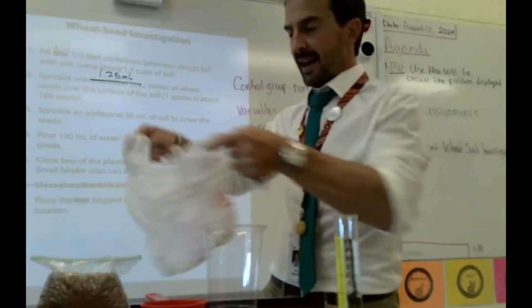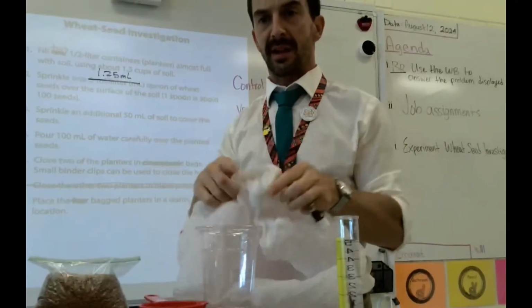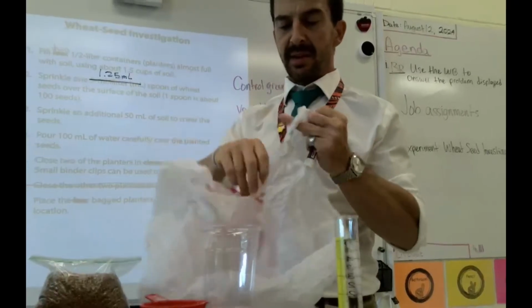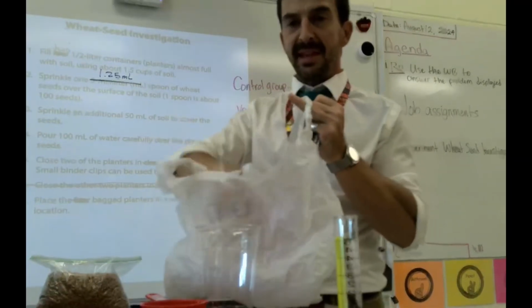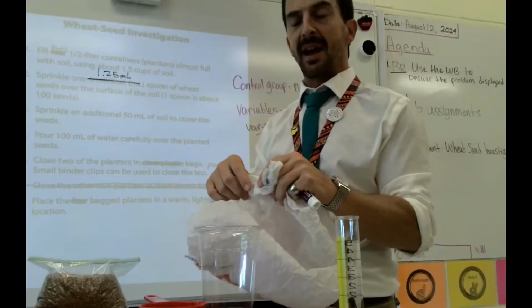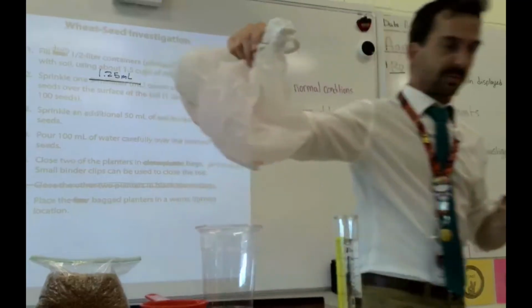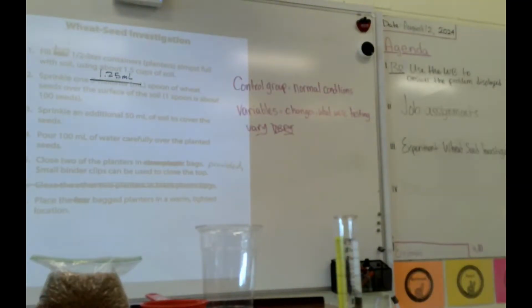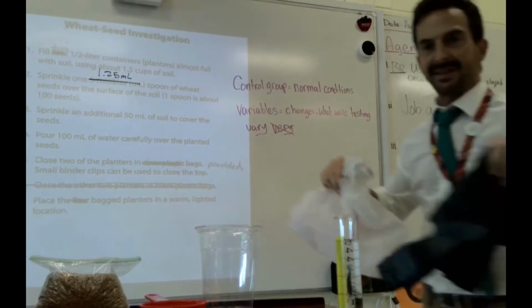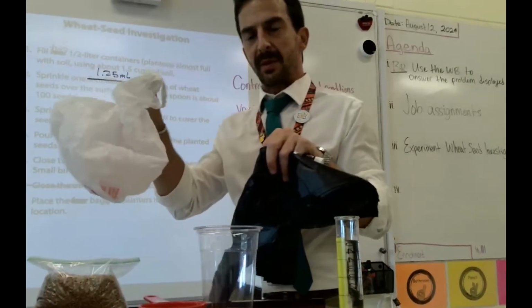Well, when a plant is in this white bag, right, we will still water it every day. It will still have access to the atmosphere, so it'll still be able to get carbon dioxide. So what is the only thing that this group will not be getting the same amount as our normal group will?